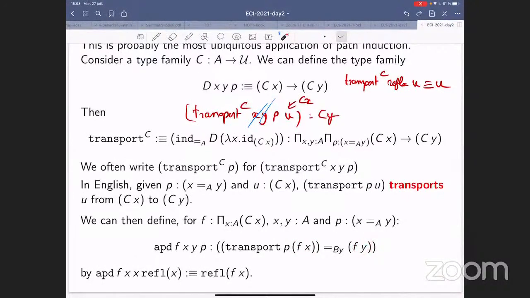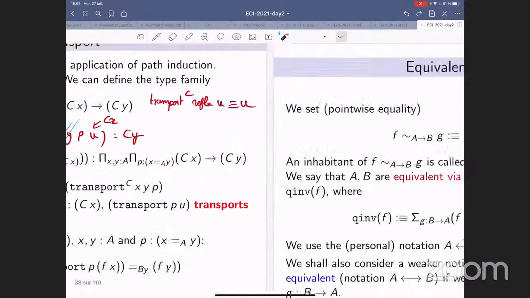And there is such a term, namely the reflexivity. So we can define ABD to be refl Fx in this case, and then by path induction, I have defined ABD in every case. Okay.